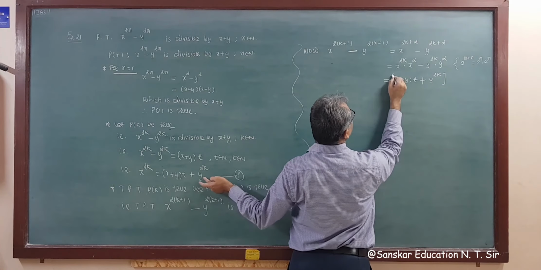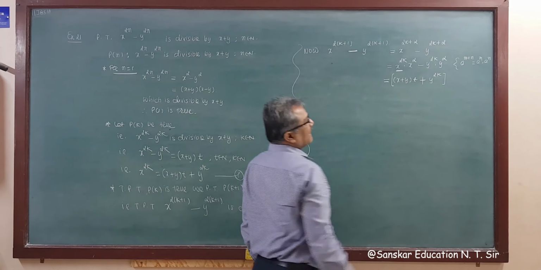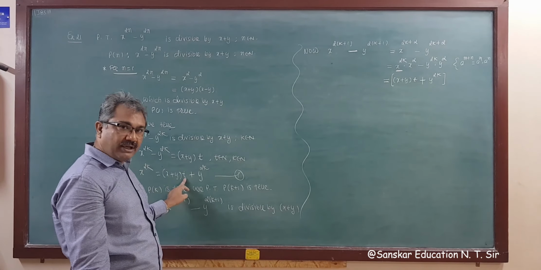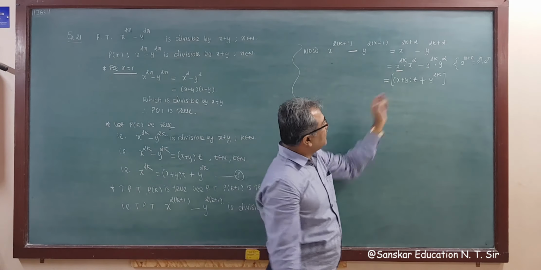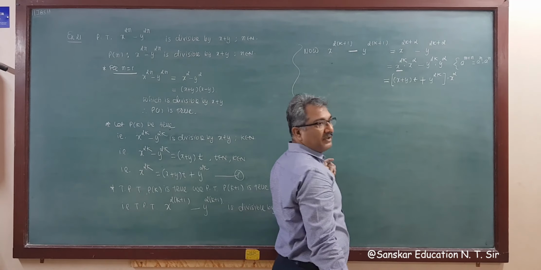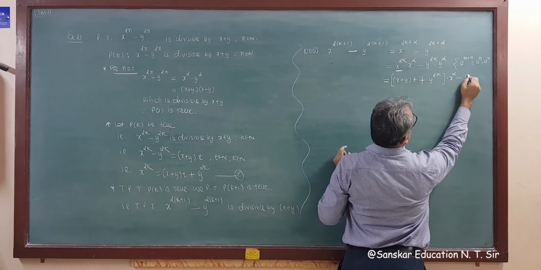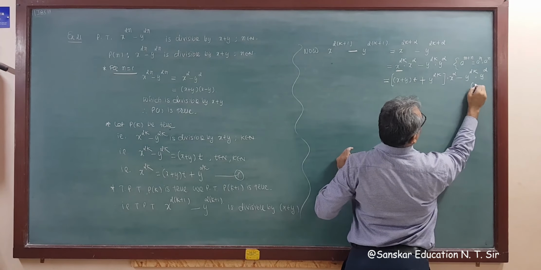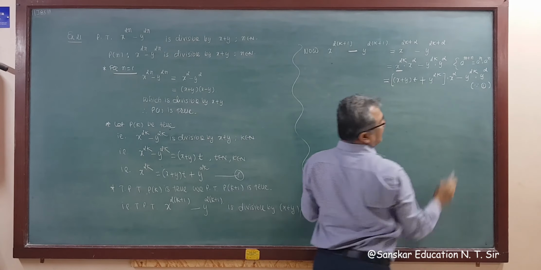This is the answer of x raised to twice k. See here, x raised to twice k, x plus y into p plus y raised to twice k, into x square, minus y raised to twice k into y square. This is due to result number 1.